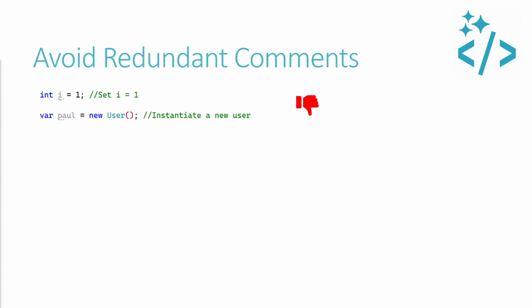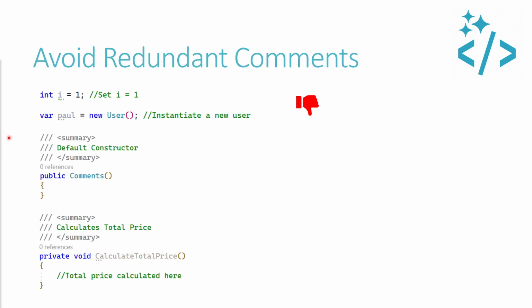So redundant comments are something like this. You simply express something which can be read also from code. Also these header comments which simply don't say anything additional to this method, so the method name should be clear. I would not recommend such comments.